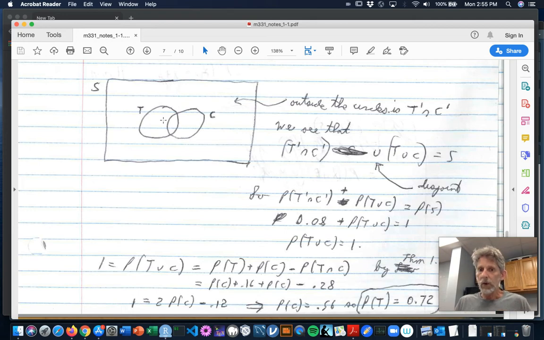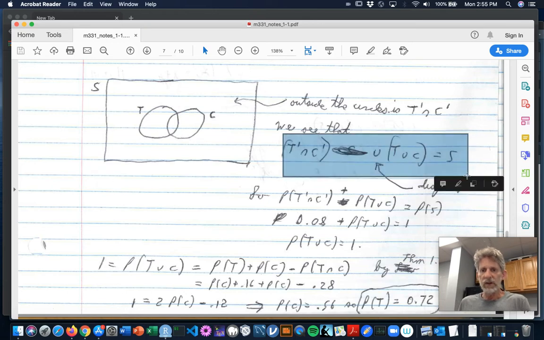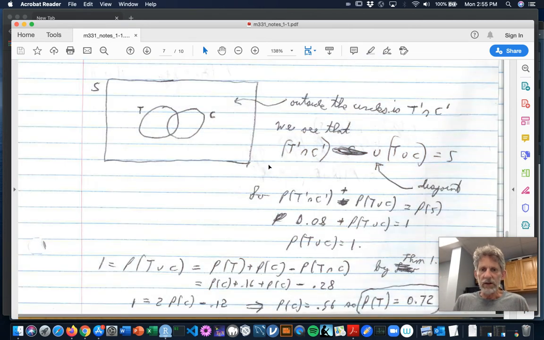And together they make up the whole sample space. So that union, the T prime intersect C prime union with the T union C, is the sample space. That little set theory fact is what gets us going, that union is S and that it's a disjoint union. Those are two mutually exclusive events.